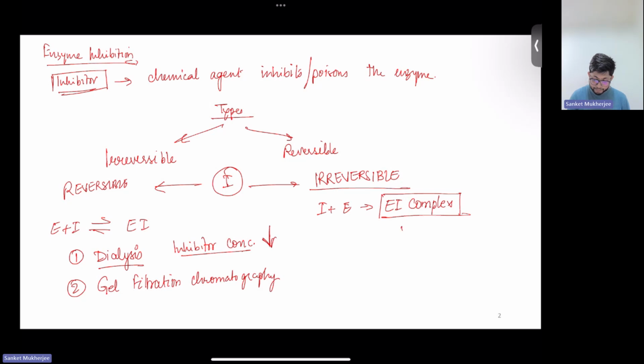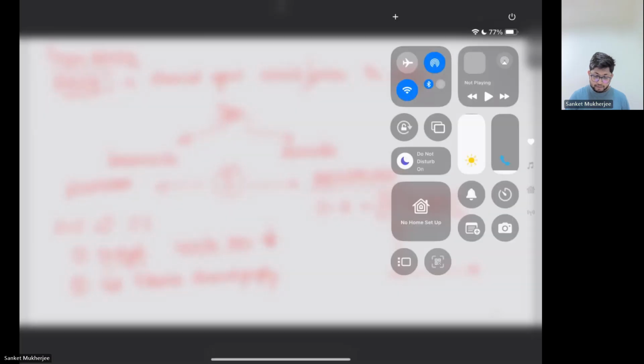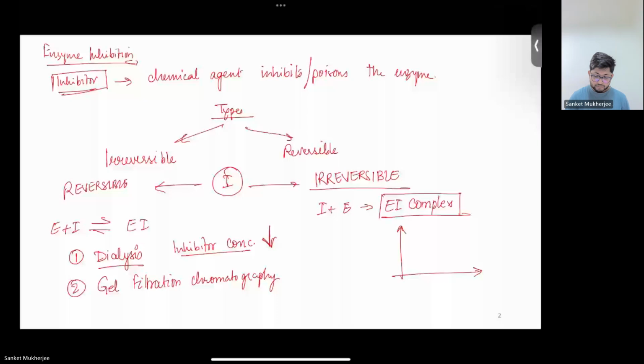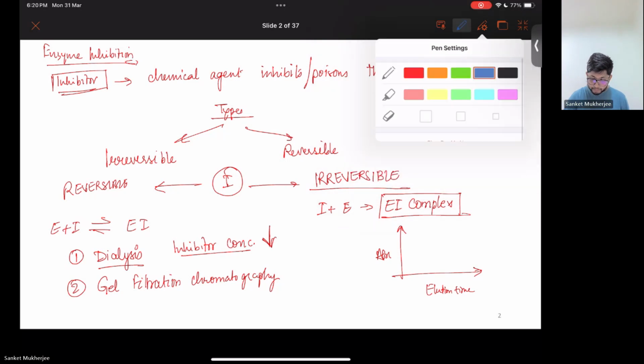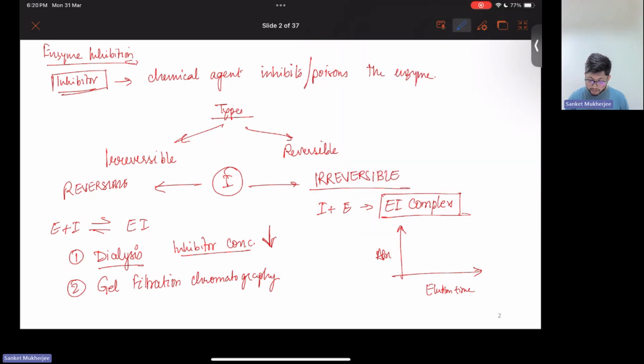You have an axis for absorbance and then the elution time, and you get peaks like this.